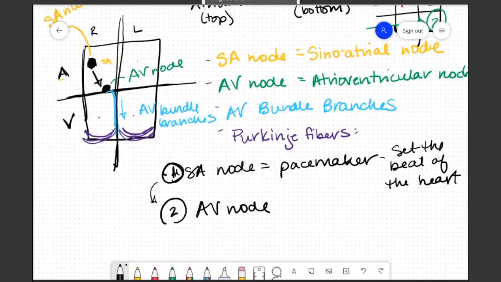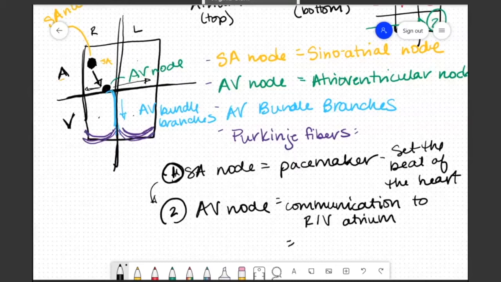And your AV node will actually send out branches on either side through both atrium. And as he sends communication out to the right and the left atrium, essentially he causes atrial contraction.